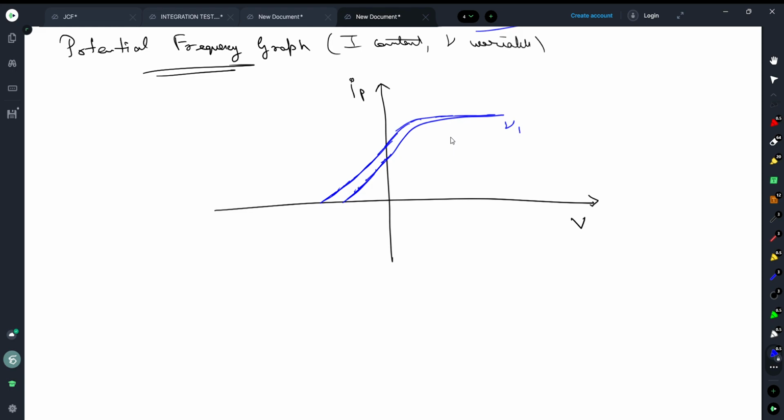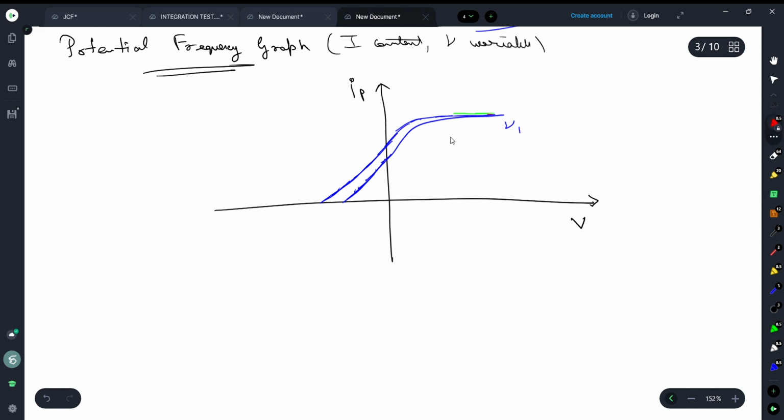Okay. If we take one more frequency, we find the saturation current is still the same, but the stopping potential has changed. Okay, is it clear?